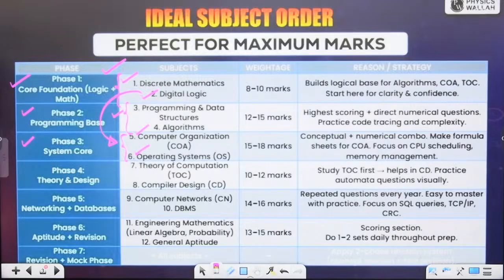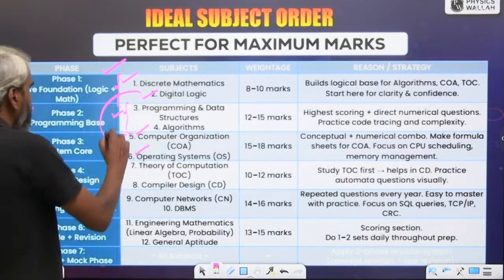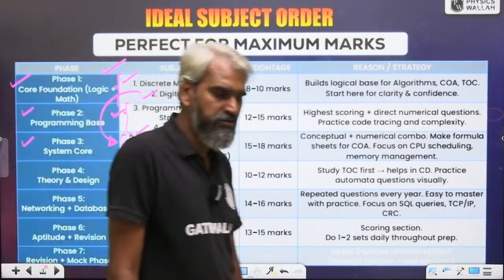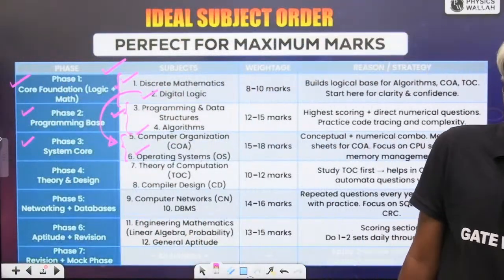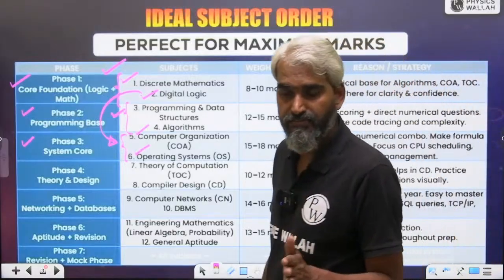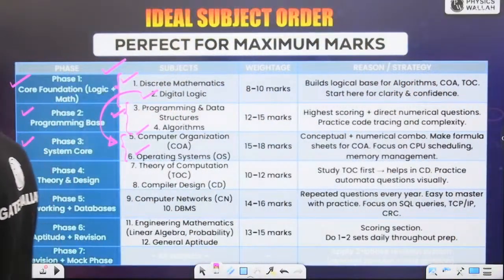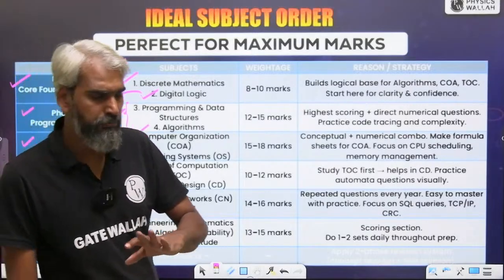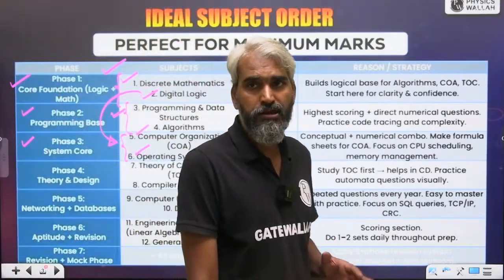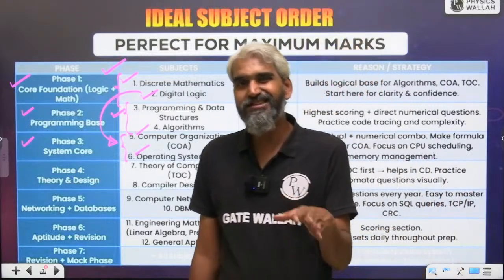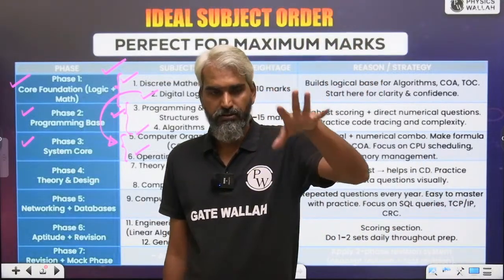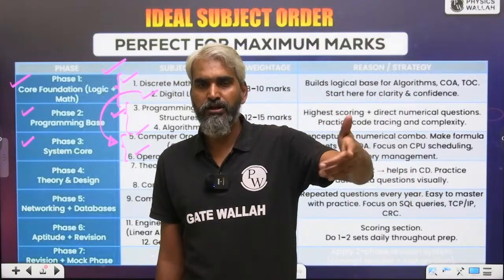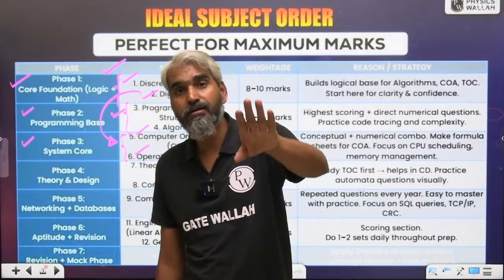Programming and data structure is required because it is the highest scoring subject. If we talk about programming and data structure and algorithm, these three things together will be 20 plus marks. Just like we say aptitude and engineering mathematics, from the computer science point of view, engineering mathematics will include linear algebra, calculus, probability, permutation and combination, and along with that discrete mathematics.